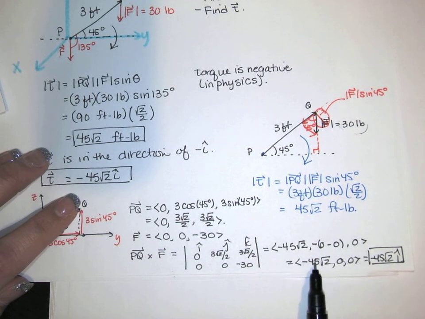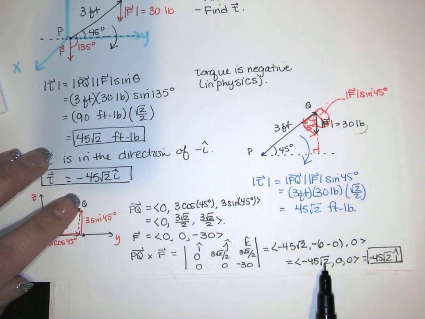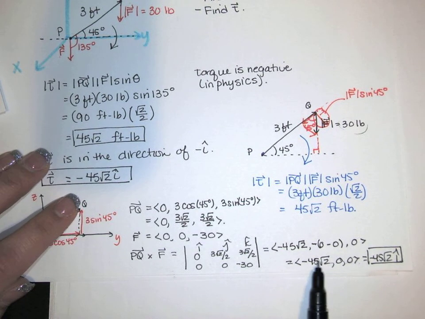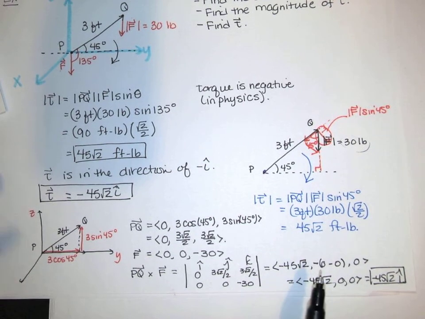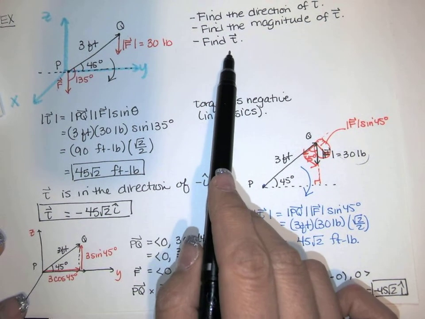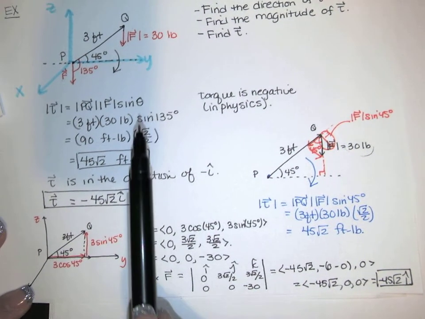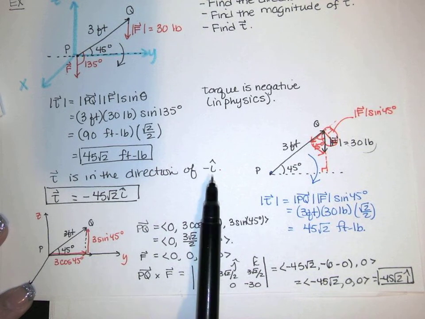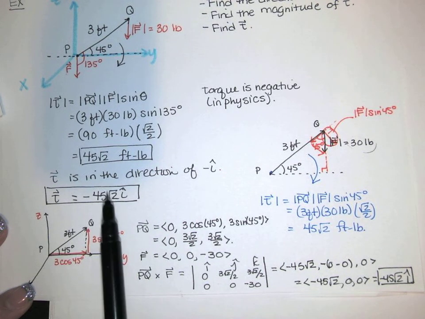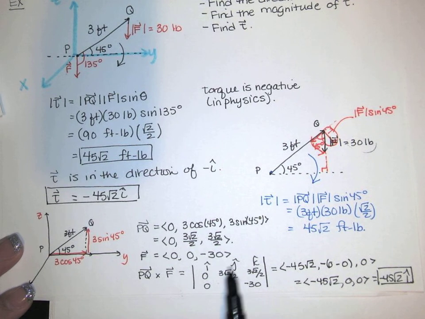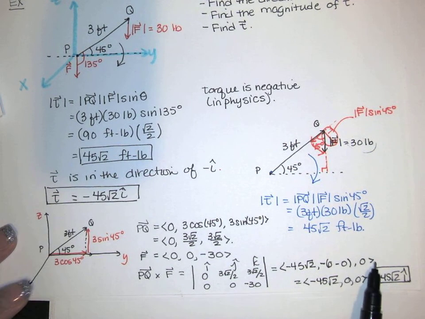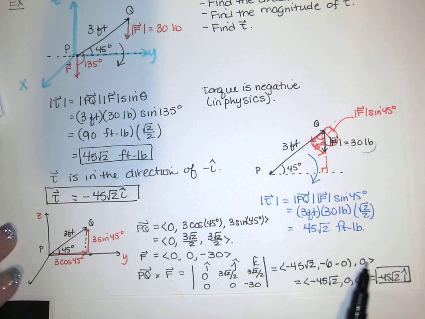Well, the length of a vector that goes 45 times the square root of 2 units in the x direction only is just 45 times the square root of 2. So you can find it that way, or you can find the length of that, get it that way. And then we need the vector for torque. Now you can find it by taking the direction vector and multiplying it by the length to get the torque, or you can do it this way. If you prefer the algebraic approach, it will also get you the same right answer.